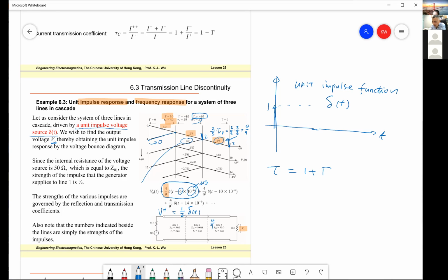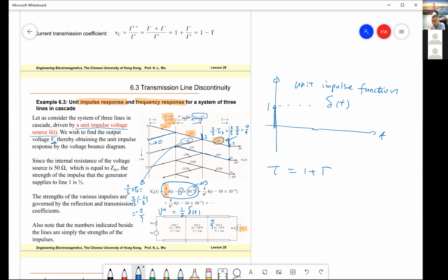We have one reflection and hit this wall, and then have a reflection again. Then we have a transmission again, and this reaches here.